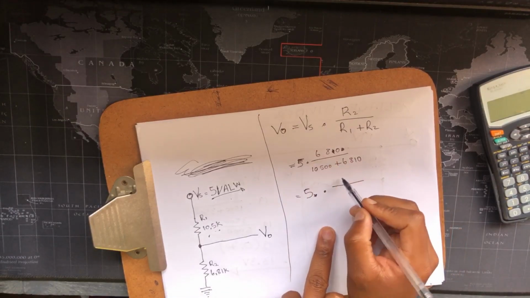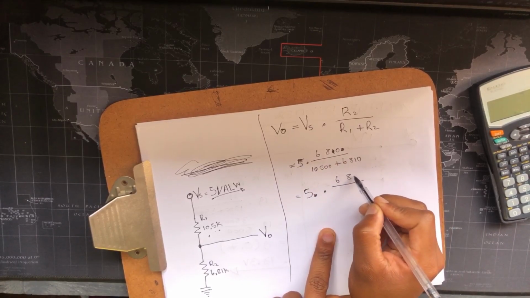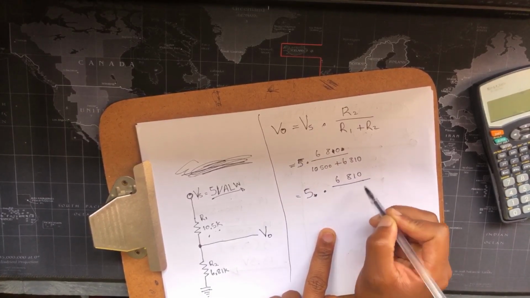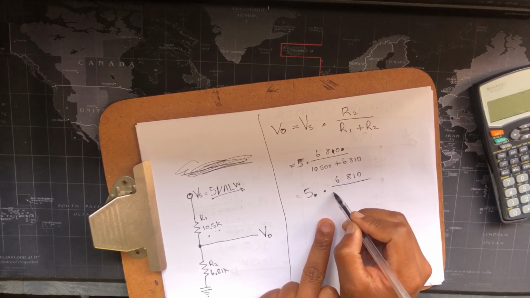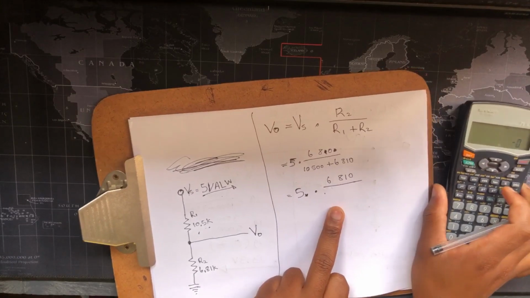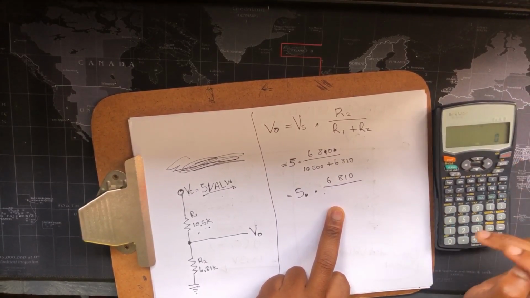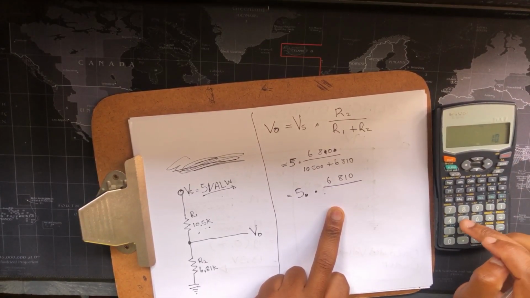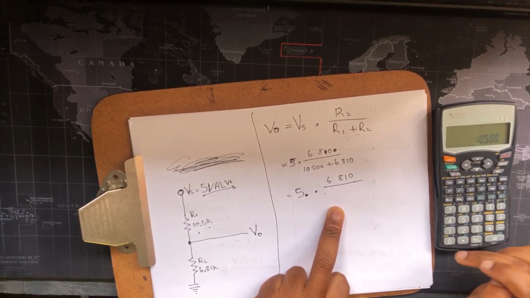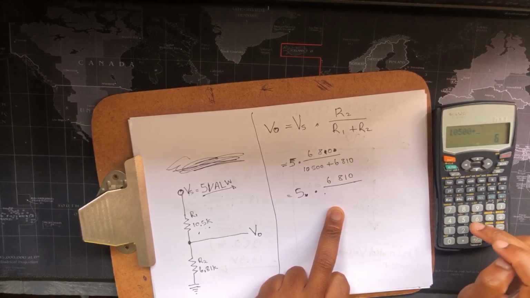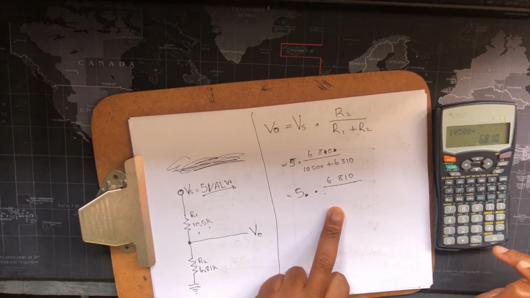Okay, so 6,810, right? Divide by, okay, now let's calculate this. Sorry about that. Let's say 10,000 500 plus 6,810.